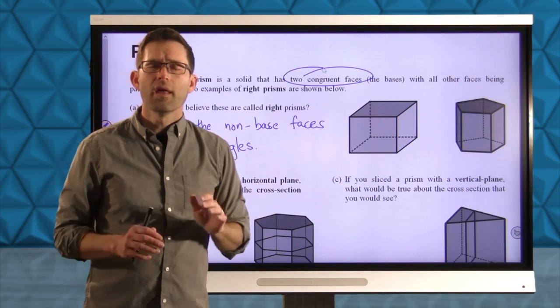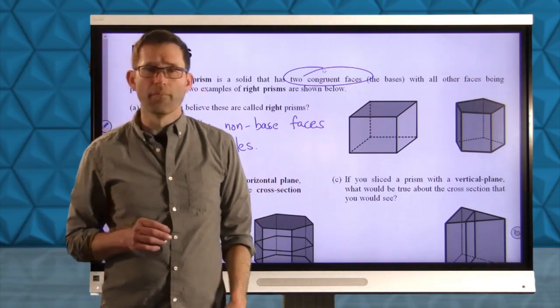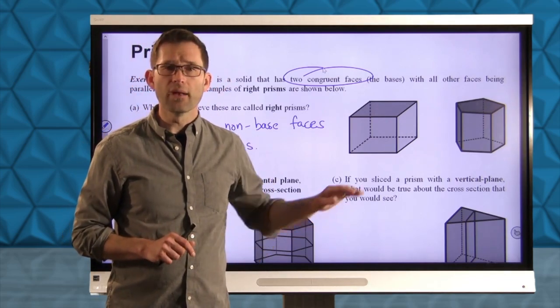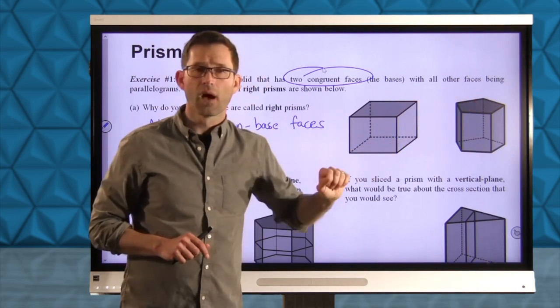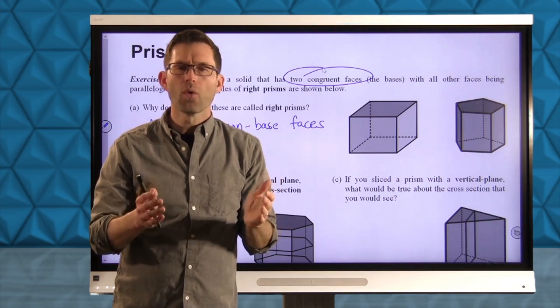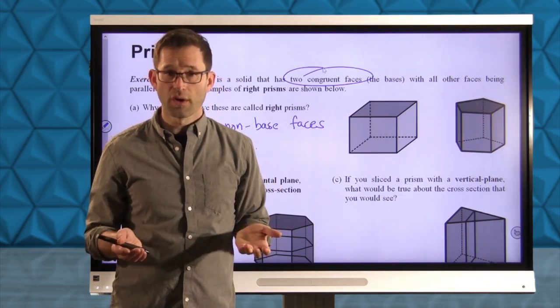Now let's talk a little bit about cross sections before we get into the rest of this problem. A cross section is what we get when we take a three-dimensional solid and slice it, and then look at what kind of two-dimensional shape we're seeing. That's a cross section.